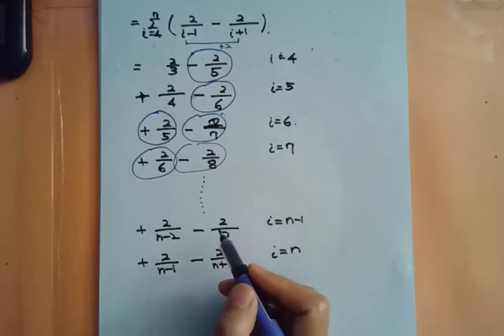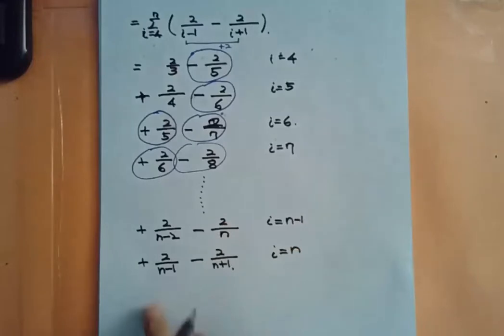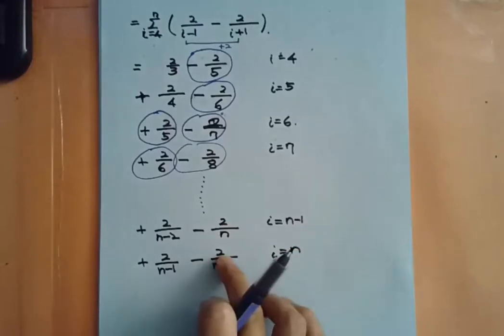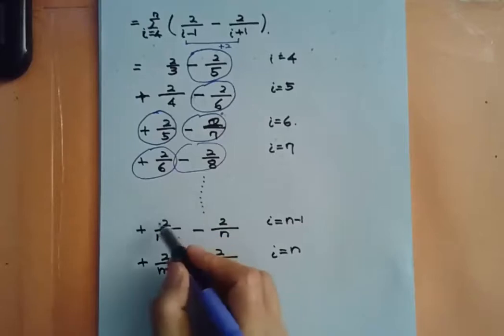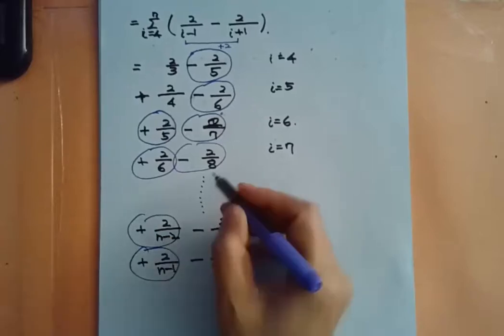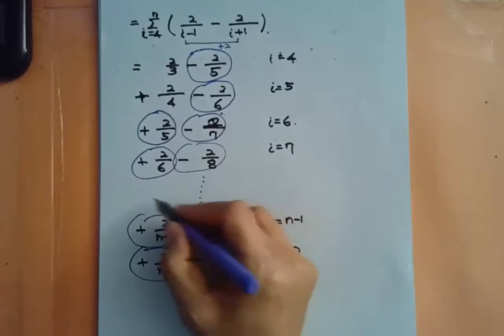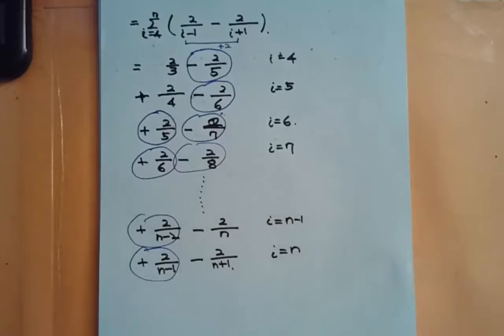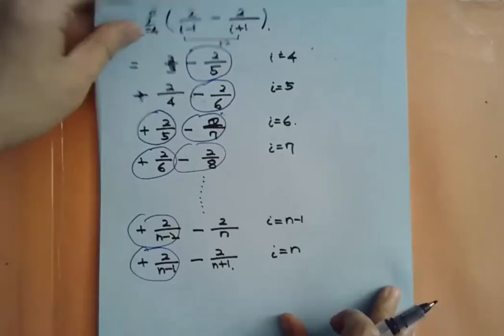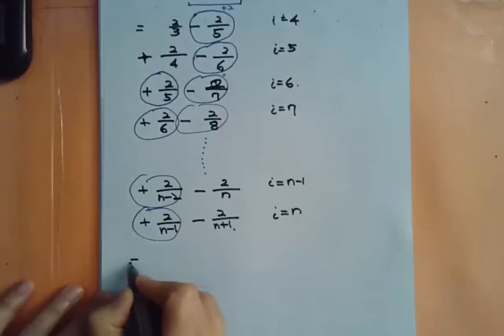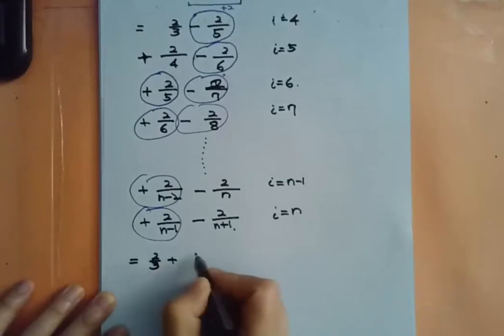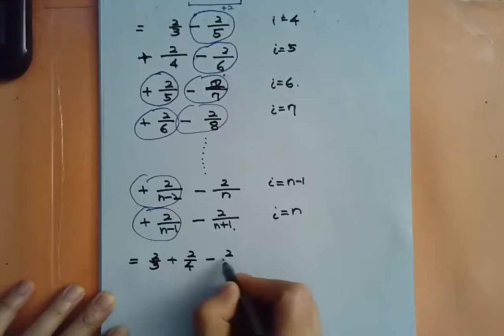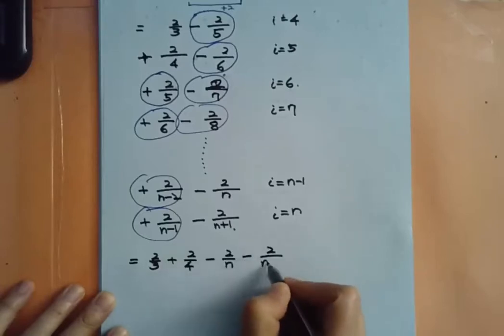This one cannot cancel with anything, and this one cannot cancel with anything. But the terms will cancel with the previous two terms, so everything cancels each other. And eventually what we obtain becomes 2/3 plus 2/4 minus 2/n minus 2/(n plus 1).